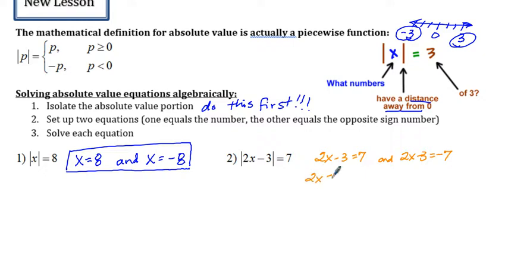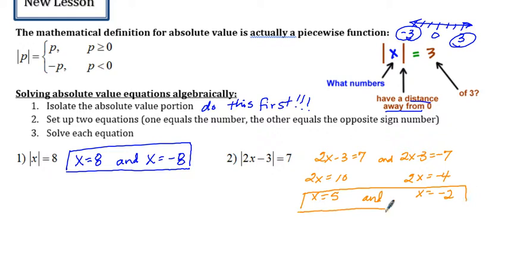Add 3 to both sides, divide by 2. These two solutions are what we have for this absolute value equation. Absolute value equations have two answers.